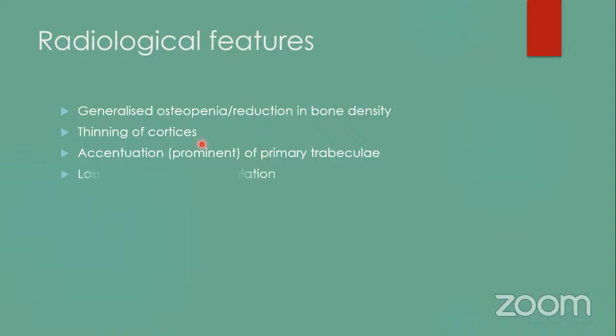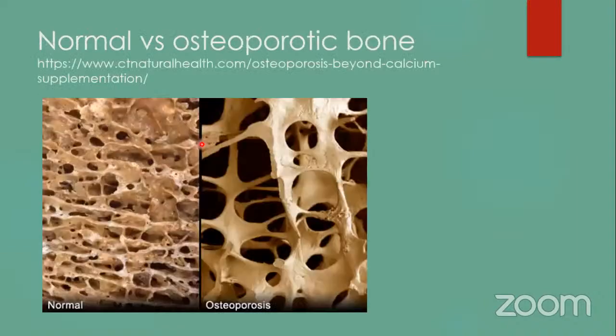We look at an image that shows the same, or a diagram. So you lose the secondary trabeculation such that the primary trabeculae look larger. Then you have a granular bone in the skull because you have still lost quite some bone.